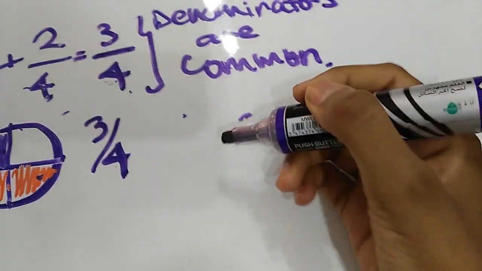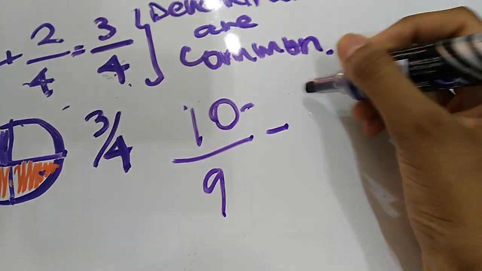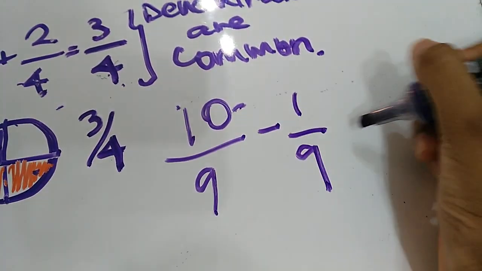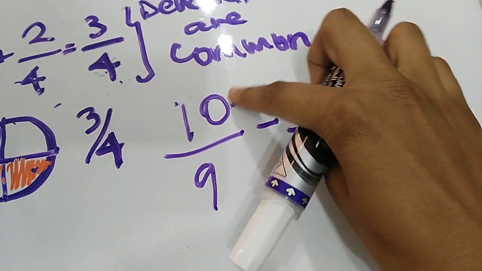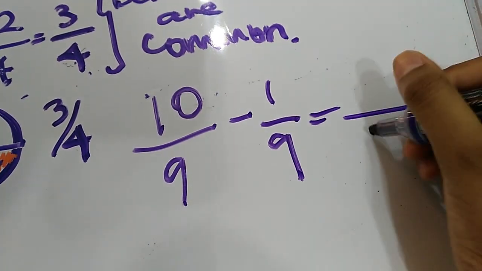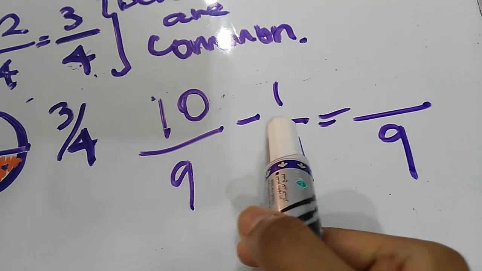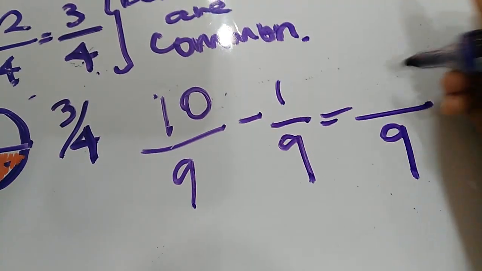So say I have 10/9 minus a 9th. Well, because their denominators are common, we keep the denominator the same, and we just work out the numerators. So 10 minus 1 is 9.